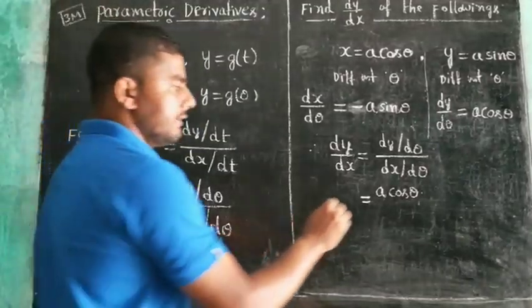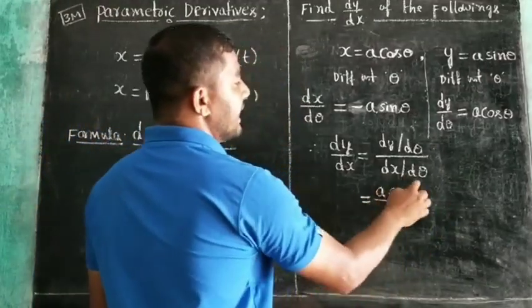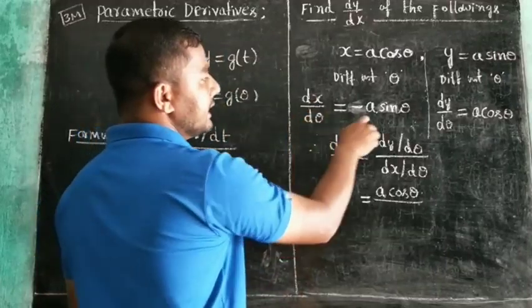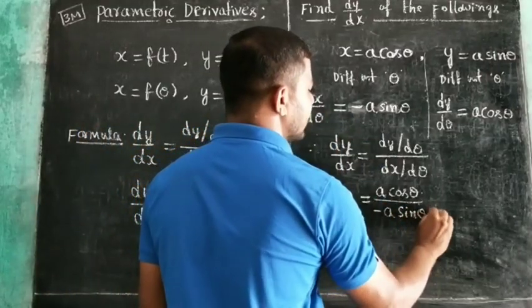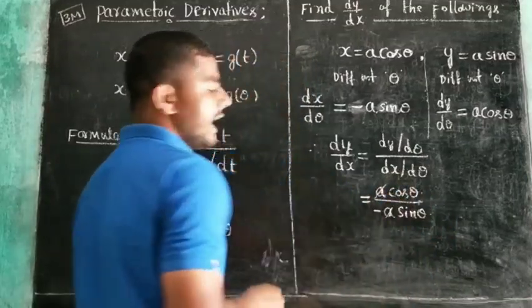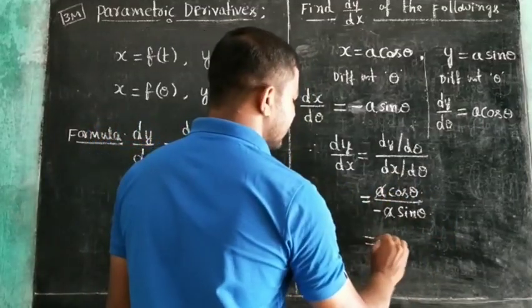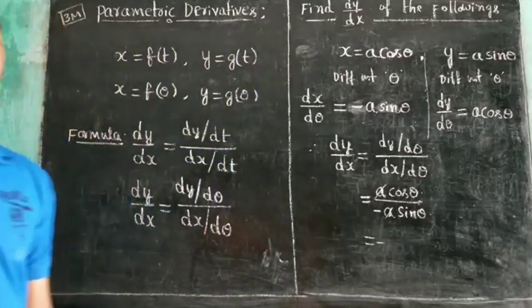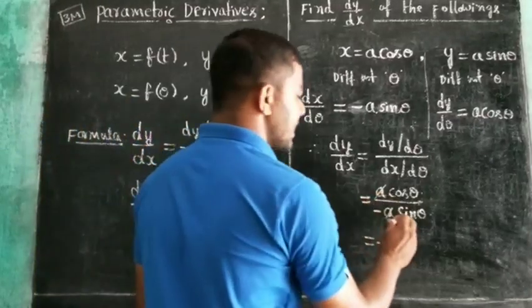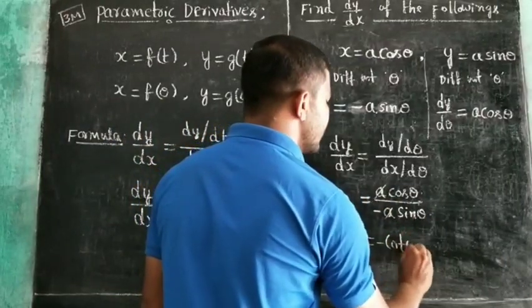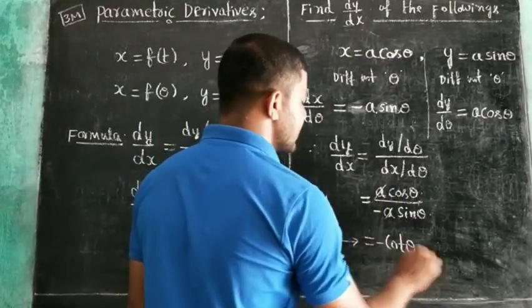And the next, divided by dx by d theta. dx by d theta is nothing but minus a sin theta. Here a is cancelled. What is the value of cos theta divided by sin theta? Cos by sin is nothing but cot. The value is minus cot theta. This is the final answer.